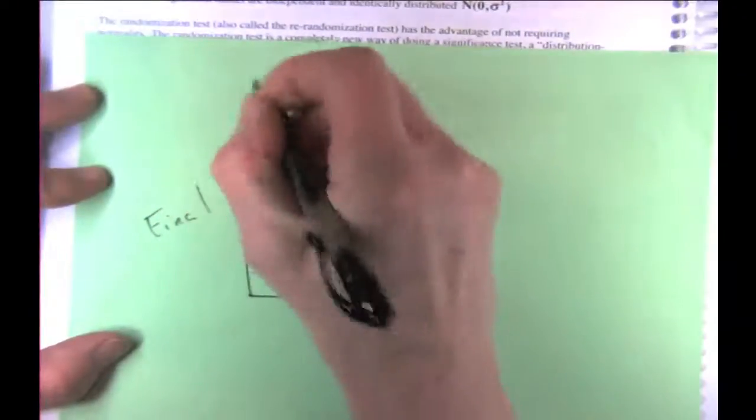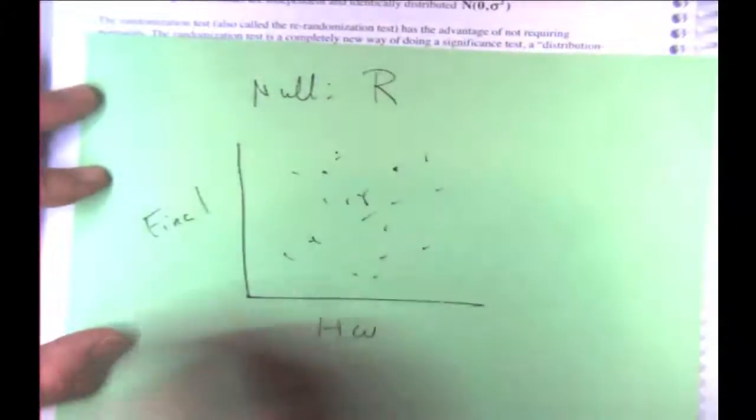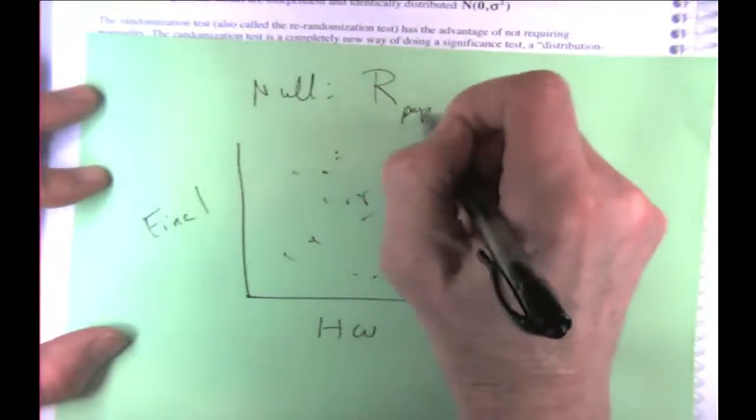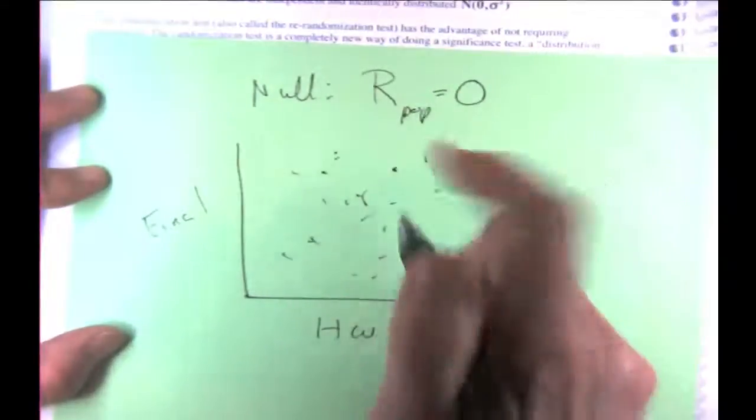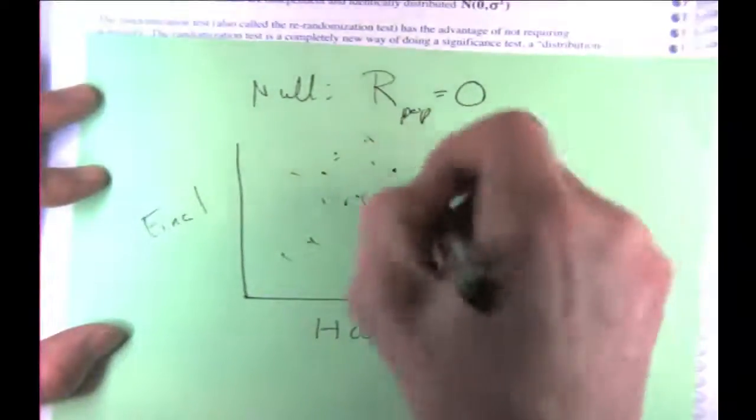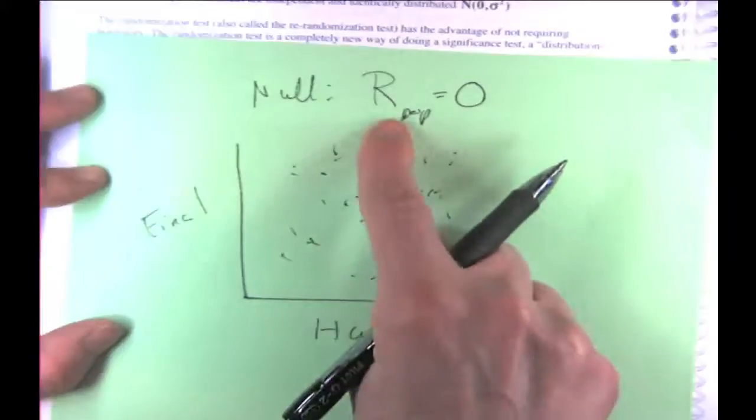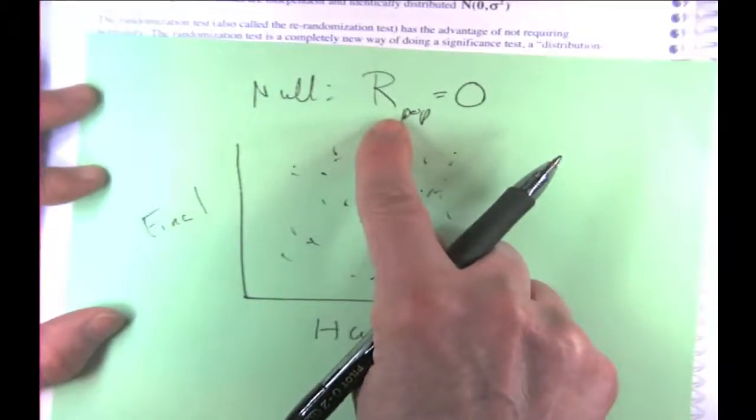This is your null. That R in this entire population of thousands of students, R in the population, equals 0. R is your correlation coefficient, the absolute value of it. It's the same as little r, except it's always positive.